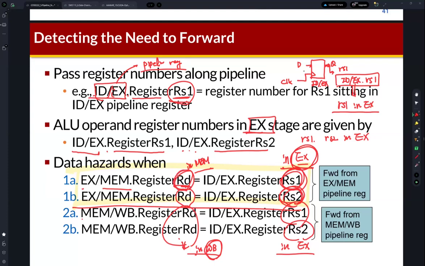It means we can forward the RD data, the data of the ALU, to the input of the ALU in the EX stage.